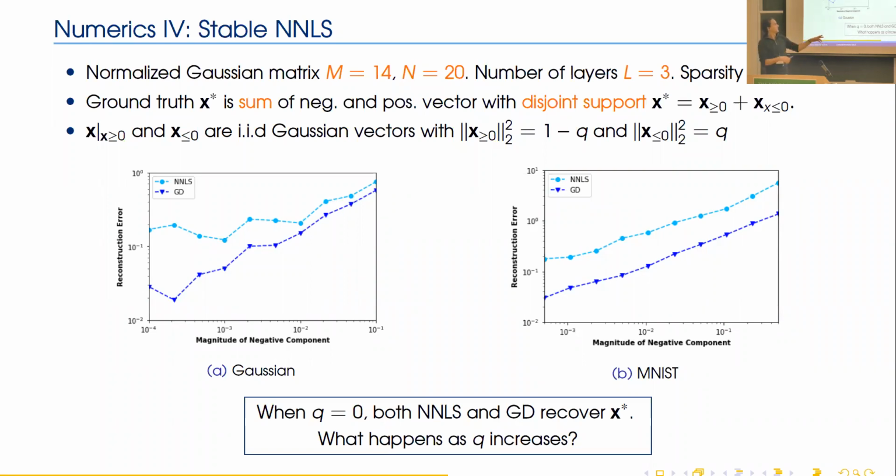You can see, for example, when you have a Gaussian vector and the magnitude of the negative component is quite small, gradient descent performs better than the standard algorithm.